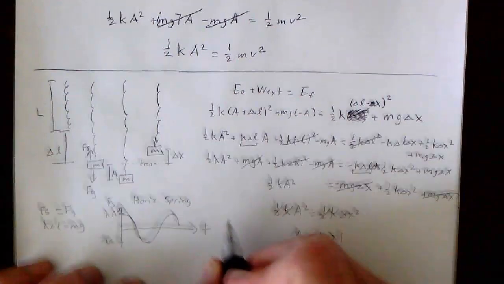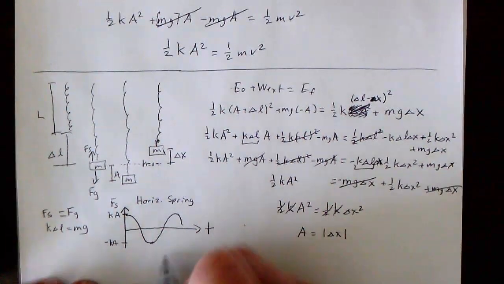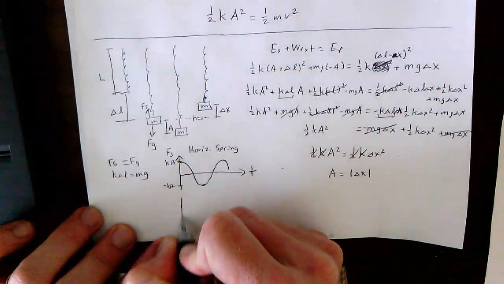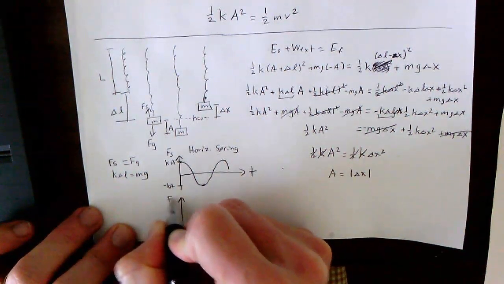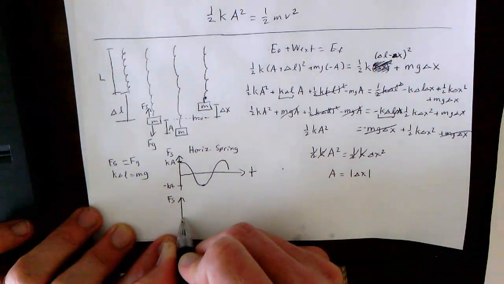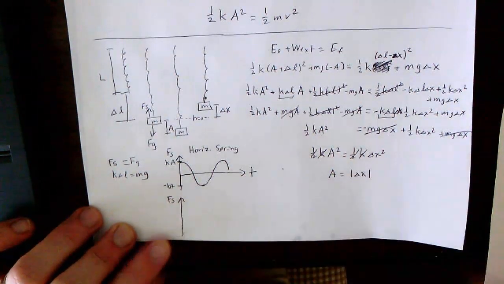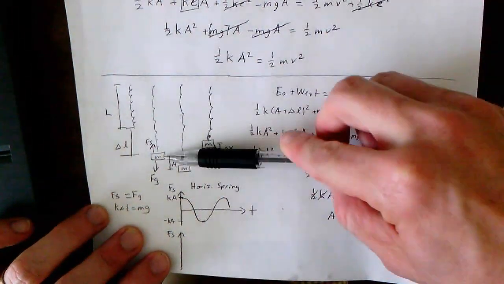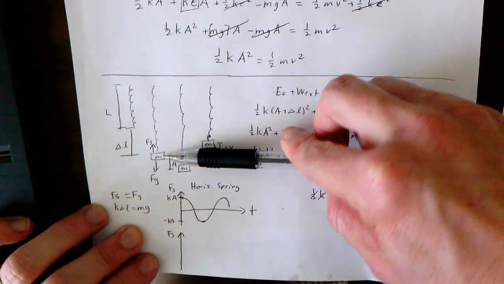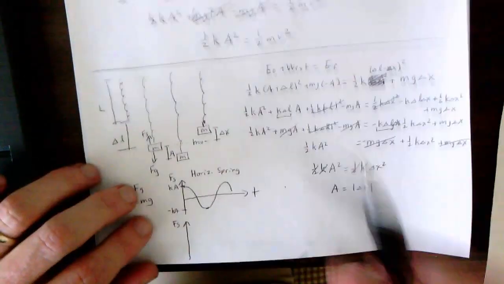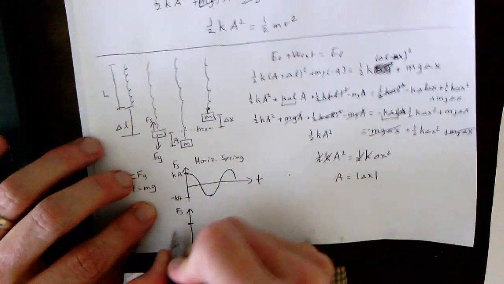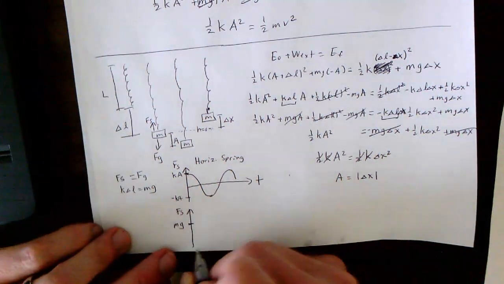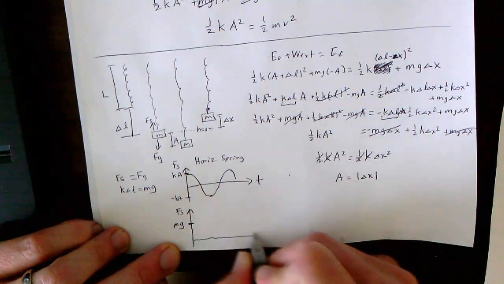So what would happen now in our case with the vertical spring? Made a little adjustment there so you could see the bottom of this page. So this force of the spring now is not going to start at 0. If this spring is already pushing up here, that's going to be our equilibrium position. So it's going to be shifted up to mg. So 0 would be, if we call up positive, down here somewhere.